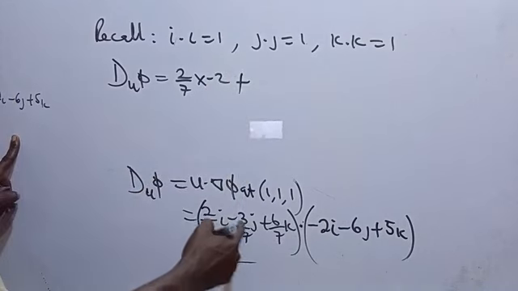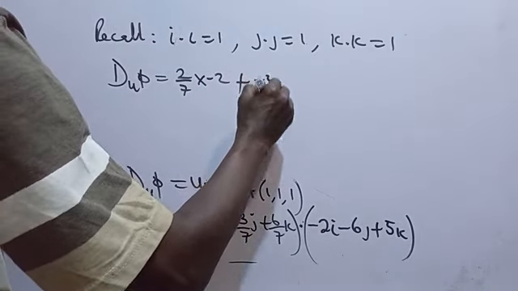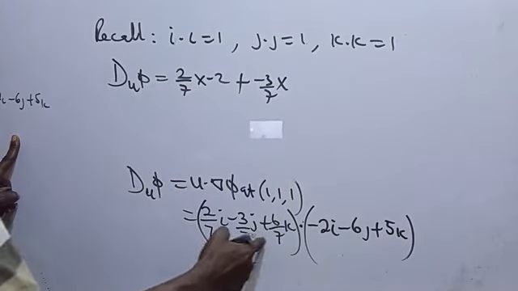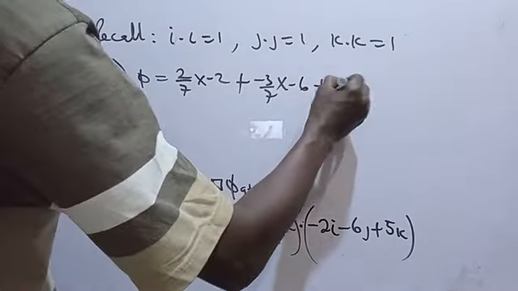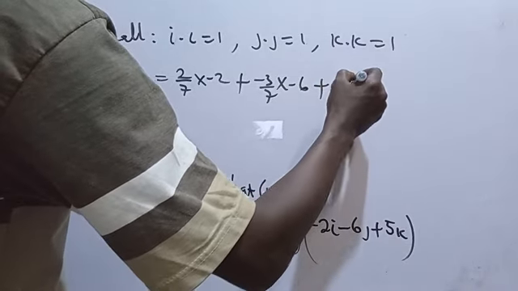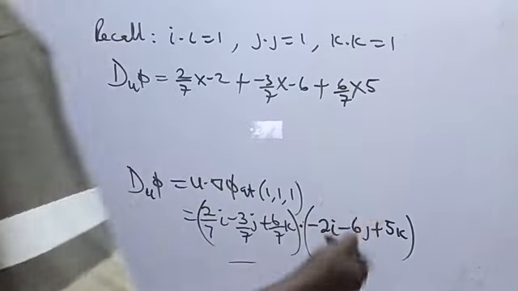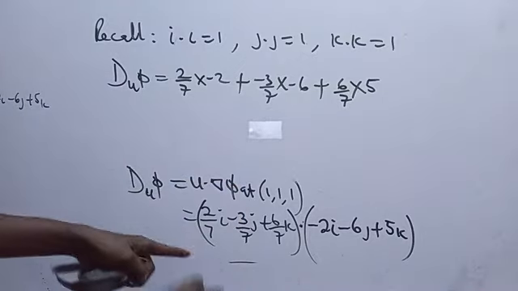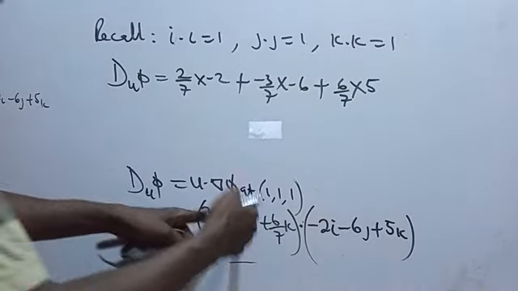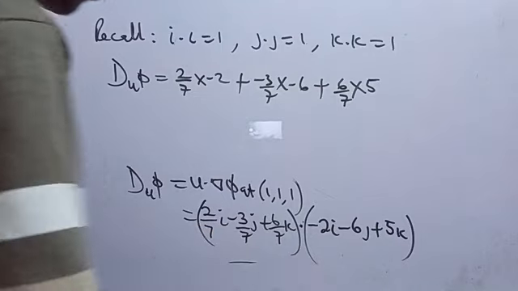Then plus minus 3 over 7 times, for j now, minus 6. Plus the last one, 6 over 7 times 5. k multiplying k is 1. Okay, you understand now? So you multiply coordinate-wise, the one for i with i, the one for j with j, and the one for k with k.